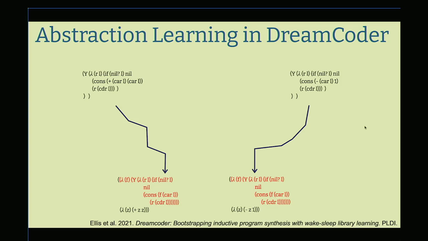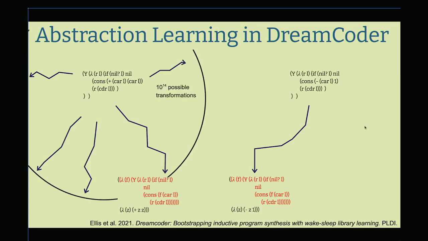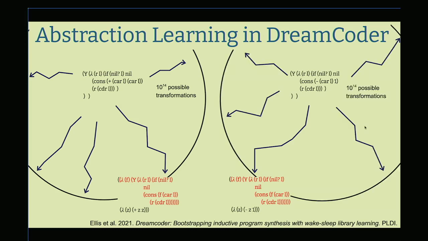And the issue with this is that DreamCoder is also considering 10 to the 14 other ways of rewriting each of these programs. And so this is a completely intractable search space. DreamCoder tries to tame it using version spaces and egraphs, but ultimately it still faces massive scaling problems.